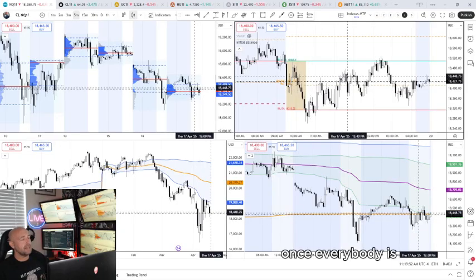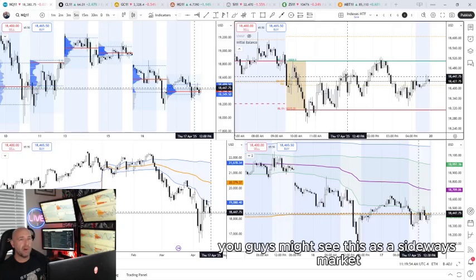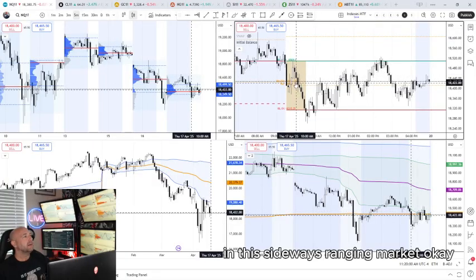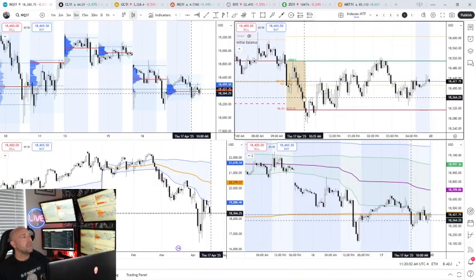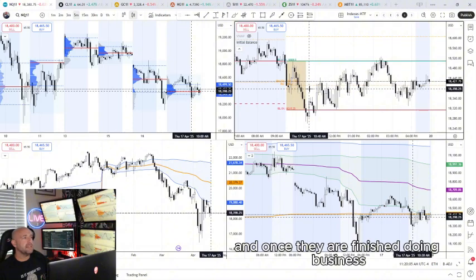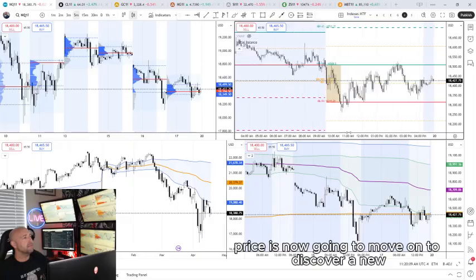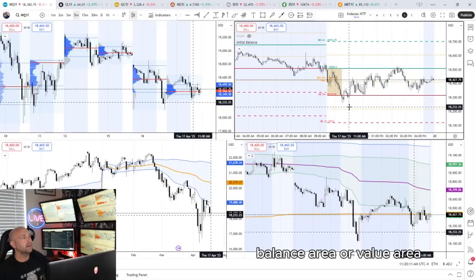You guys might see this as a sideways market or a ranging market, all right? But that's what's essentially happening in this sideways ranging market, this balance market. And once they are finished doing business, price is now going to move on to discover a new balance area or value area, all right?